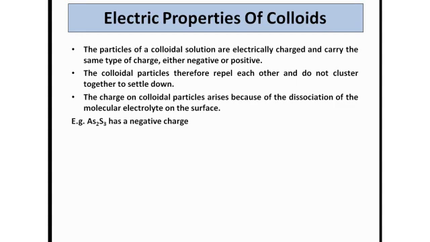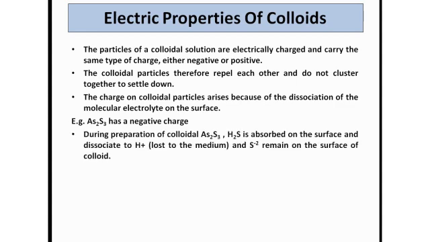For example, take As2S3, that is arsenic trisulfide, which has a negative charge. During the preparation of the colloidal solution of arsenic trisulfide, hydrogen sulfide is needed, so it is present.